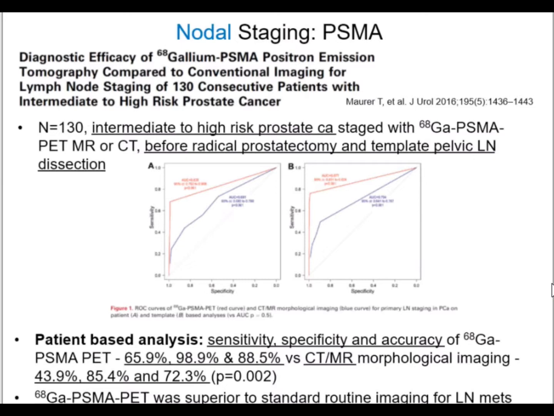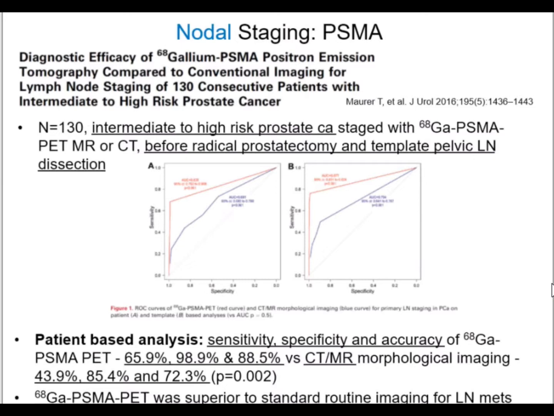Looking at the ROC curves and per patient analysis, the sensitivity, specificity, and accuracy of PSMA PET were much better compared to CT or MR. The specificity was 98%, and sensitivity was 65%, almost 66%. So PSMA PET was considered superior to routine imaging for lymph node staging.